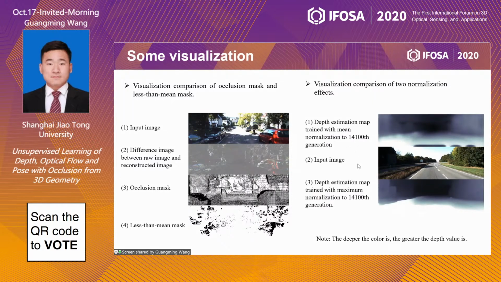Then the right image is about our maximum normalization. When we use the mean normalization, there will be a decrease in the inverse depth. And when we use our maximum normalization, the training can run for longer.